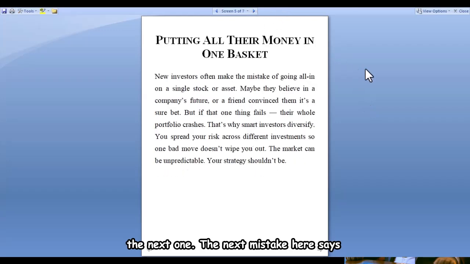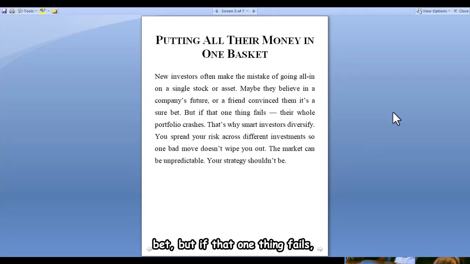The next mistake here says putting all their money in one basket. New investors often make the mistake of going all in on a single stock or asset. Maybe they believe in a company's future, or a friend convinced them it's a sure bet.